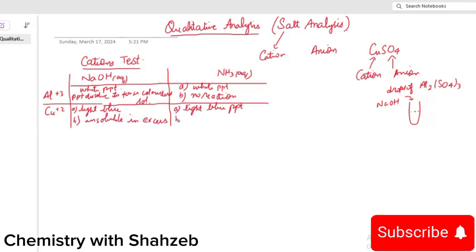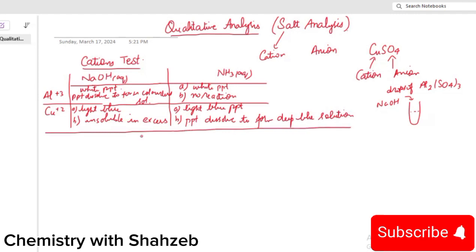But what happens with excess ammonia? The precipitate would dissolve to form a deep blue solution. Next we have Fe 2+. What happens?